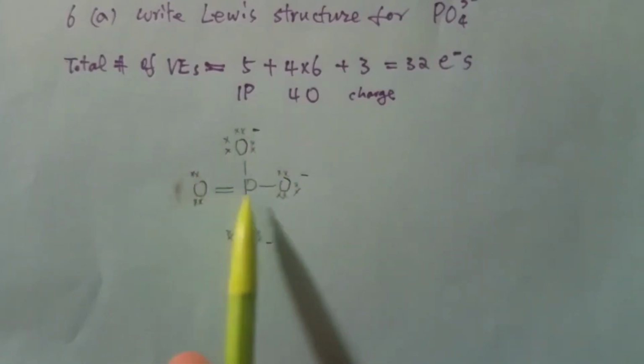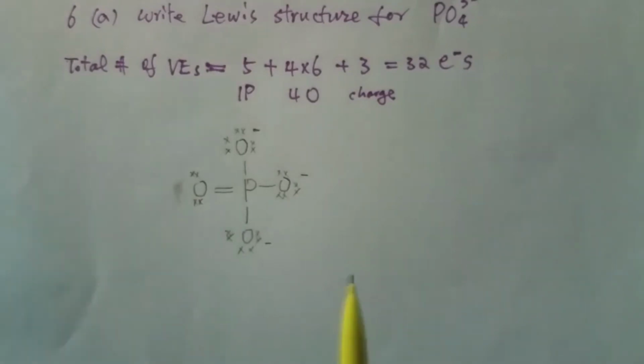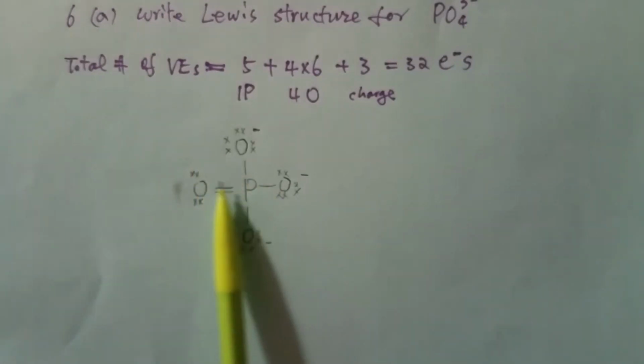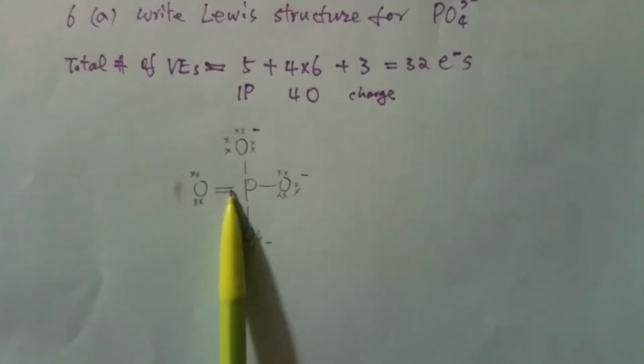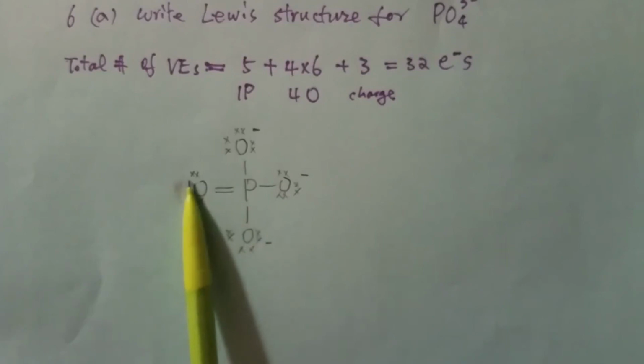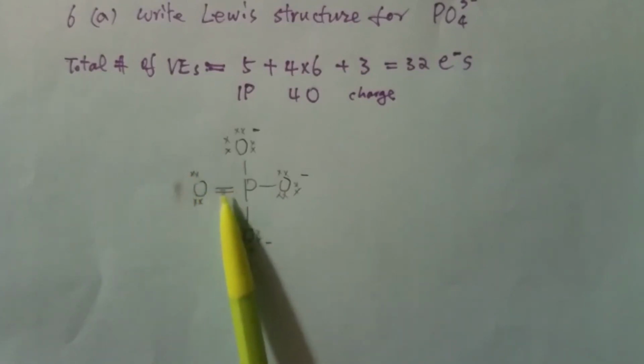With this arrangement, after you calculate the formal charge, assigning the last 2 electrons as part of the double bond makes the formal charge smaller compared with assigning the last 2 as a lone pair here without the double bond, just a single bond there.